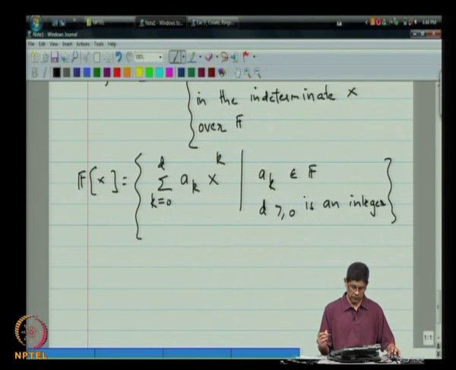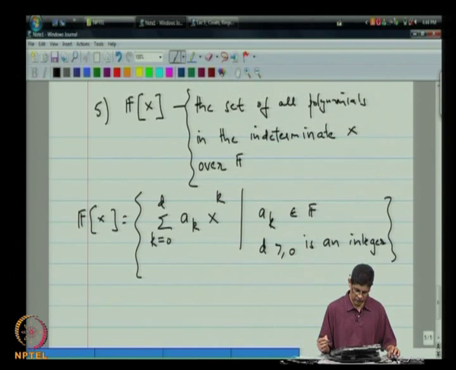Okay. So, this is what we mean by a polynomial in the indeterminate, and this d is called the degree. Okay. So, make a note of that.